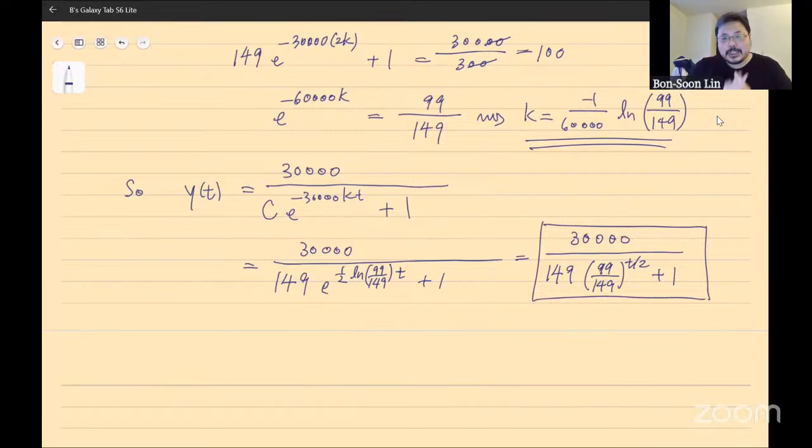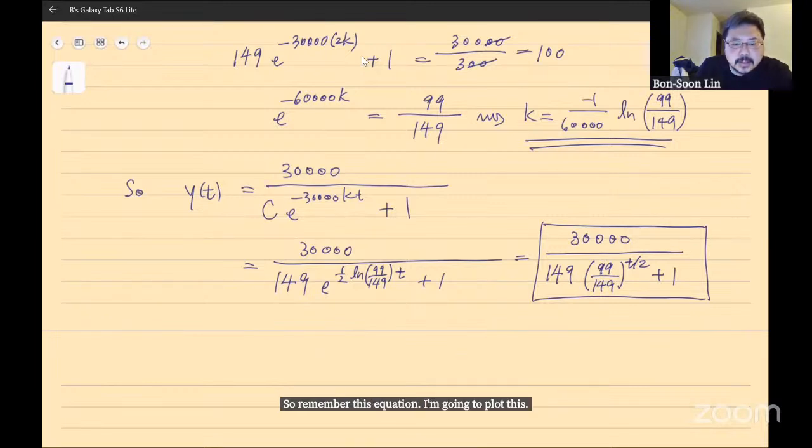So let's actually plot this. Remember this equation, all right? I'm going to plot this. Let's go to my Desmos right here.